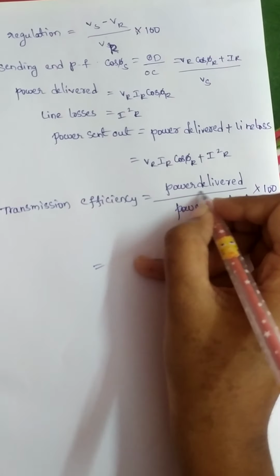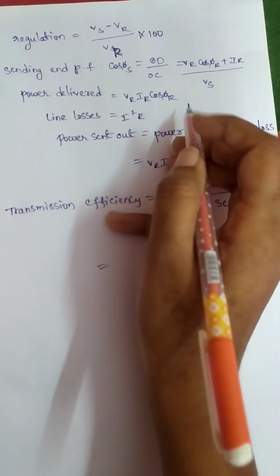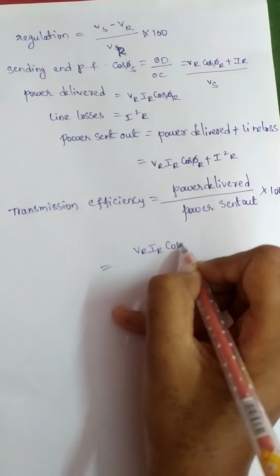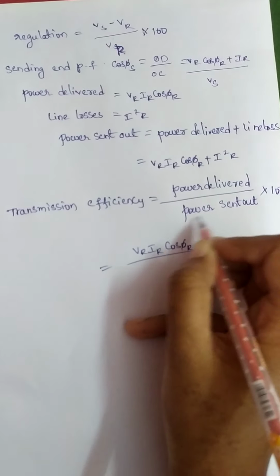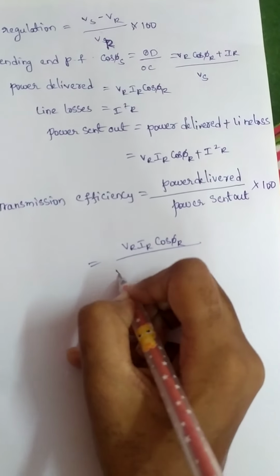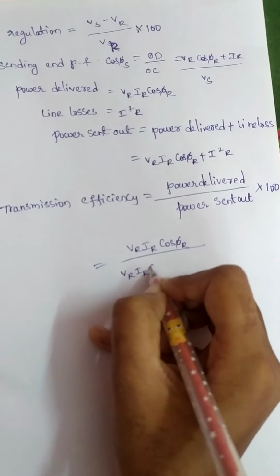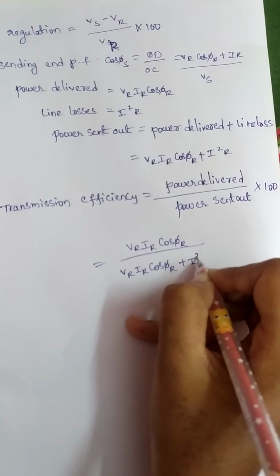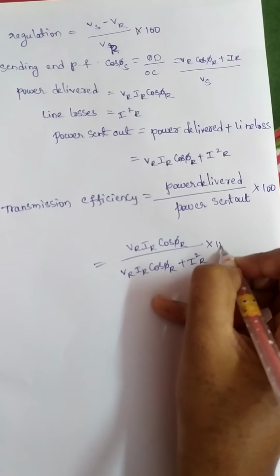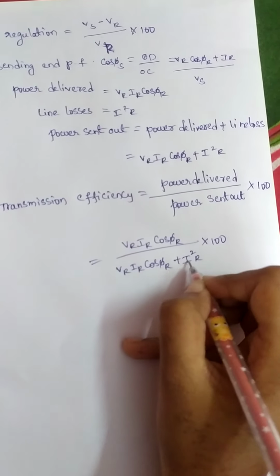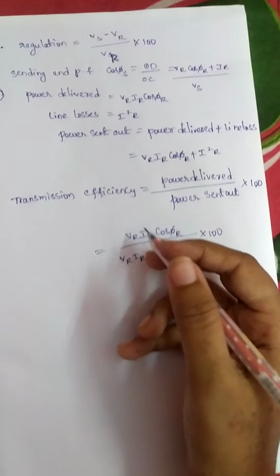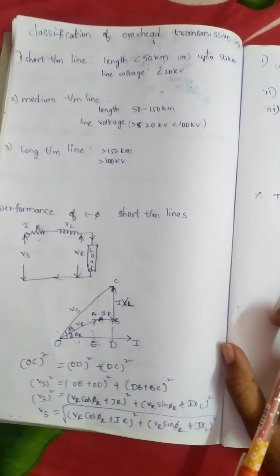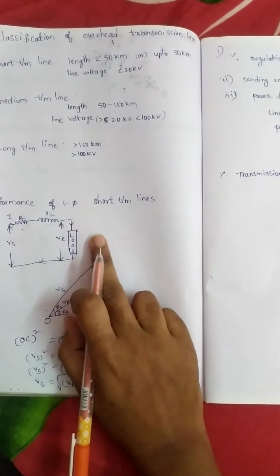How much power is delivered? VR IR cos φr. So VR IR cos φr by power sent out, which is VR IR cos φr plus I square R, into 100. So these are the total equations for the performance of a transmission line.